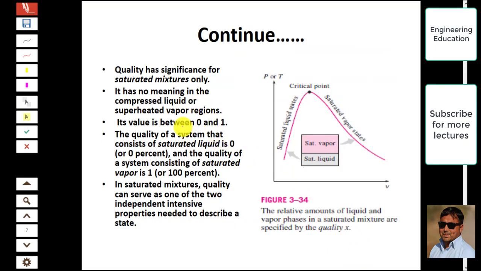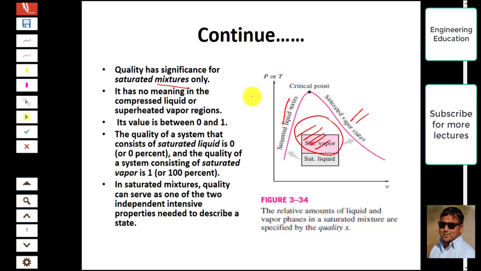Quality has significance for saturated mixtures only. We can only use the dryness fraction or quality for saturated mixtures. It is not defined for the compressed liquid region or for the superheated region. It is only applicable in this region, that is the mixture of saturated vapor and saturated liquid.